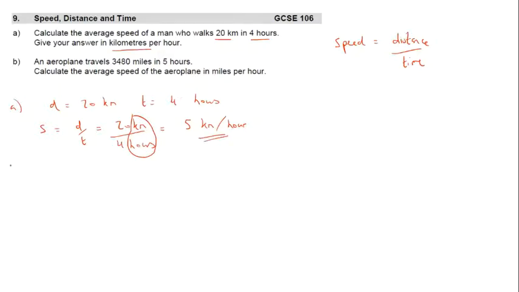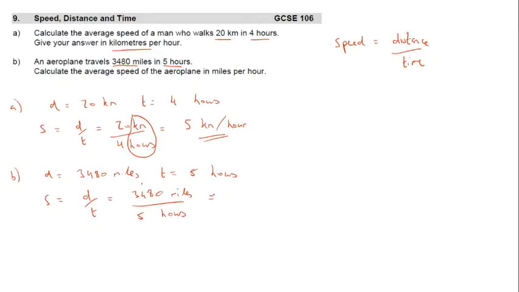Job done. And then part B, more of the same. The distance, again, is 3,480 miles, and the time taken is 5 hours. So now speed is distance divided by time. So it's 3,480 miles over 5 hours.